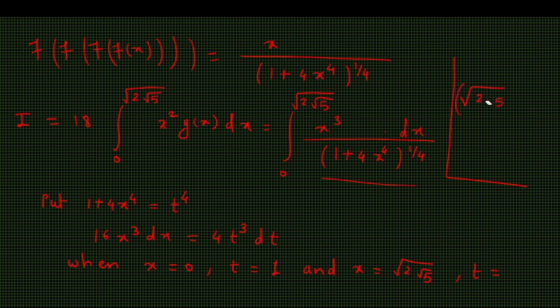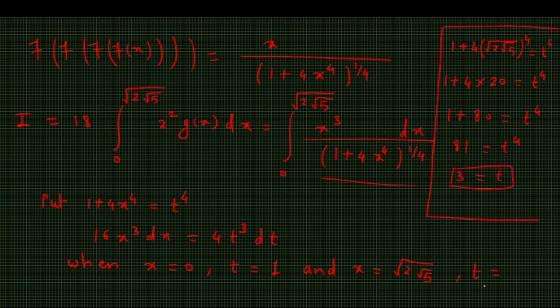We have 1 + 4x^4, which is equal to t^4, and x is √2 into √5, to the power 4 is 100? No: (√2·√5)^4 is 100... wait, as said: the whole to the power 4 is 20, and 4 into 20 is 80, plus 1 is 81, and the fourth root of 81 is 3.